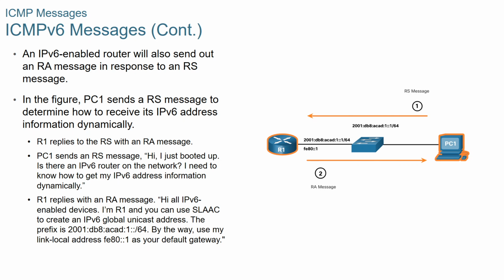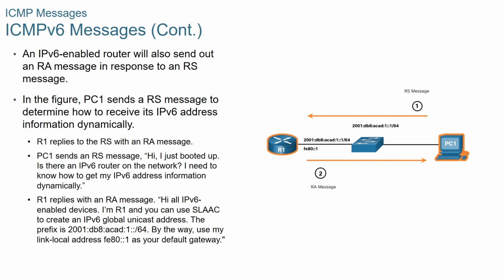In the figure, PC1 sends a router solicitation message to determine how to receive its IPv6 address information dynamically. R1 replies to the router solicitation with a router advertisement message. So PC1 sends a router solicitation message that says, hi, I just booted up. Is there an IPv6 router on the network? I need to know how to get my IPv6 address information.